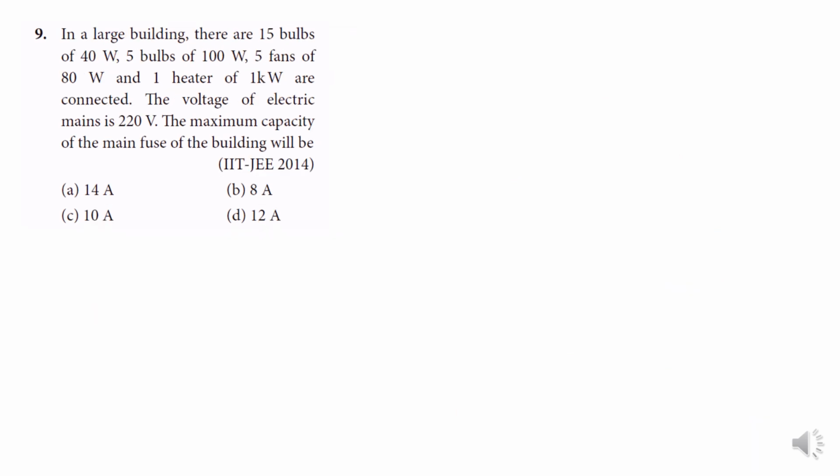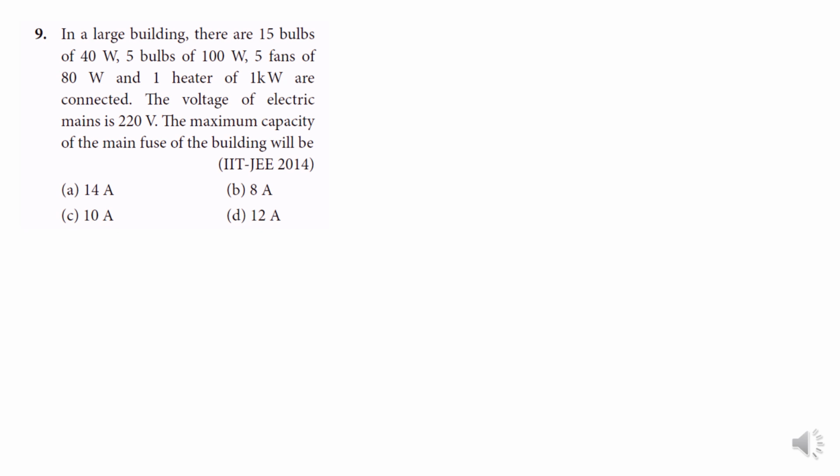Question number 9. In a large building, there are 15 bulbs of 40 watts, 5 bulbs of 100 watts, 5 fans of 80 watt and one heater of 1 kilowatt connected. The voltage of electric mains is 220 volt. The maximum capacity of the main fuse of the building will be.